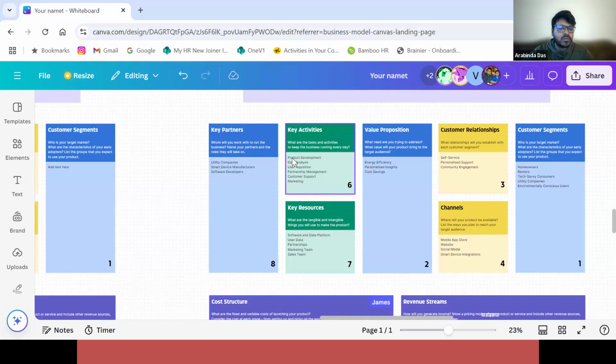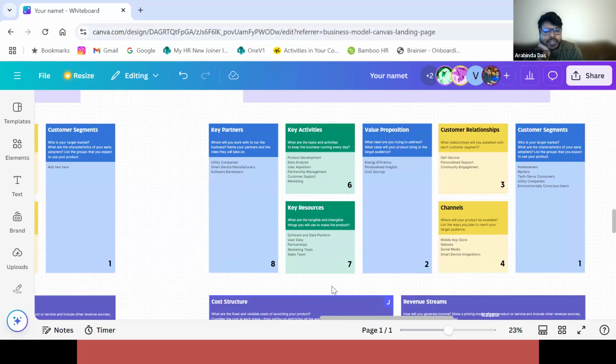James, why did you write product development as a key activity? I guess if you're constantly enhancing the products with new features and functionality, you're constantly releasing versions or iterations of it. Okay, perfect, that's a key activity.